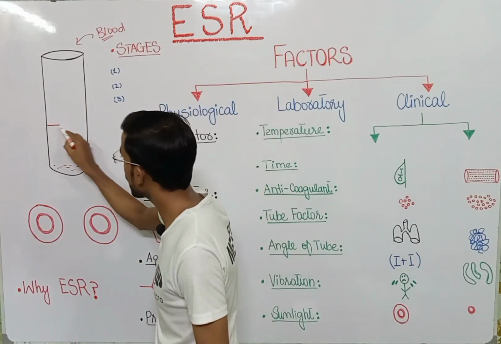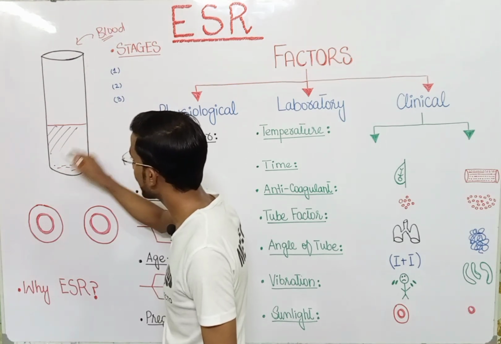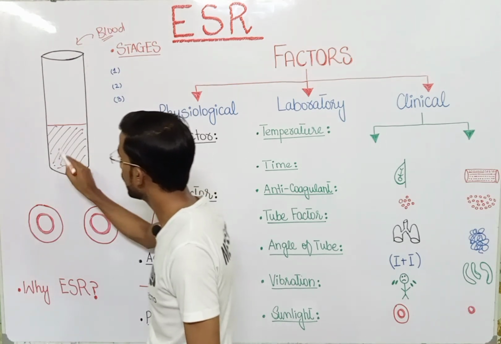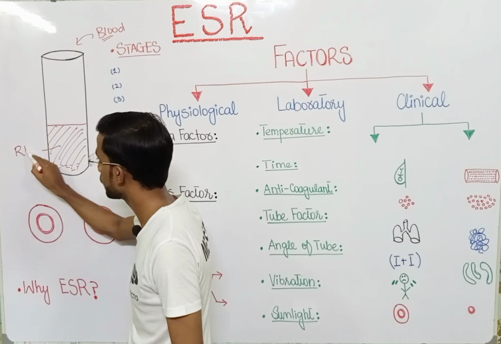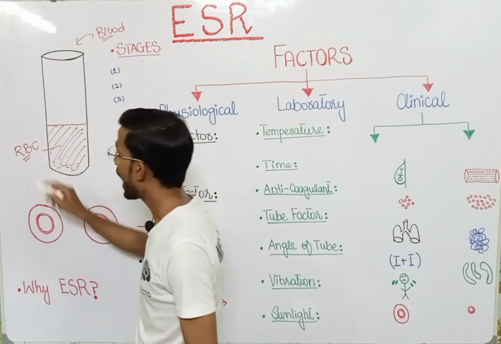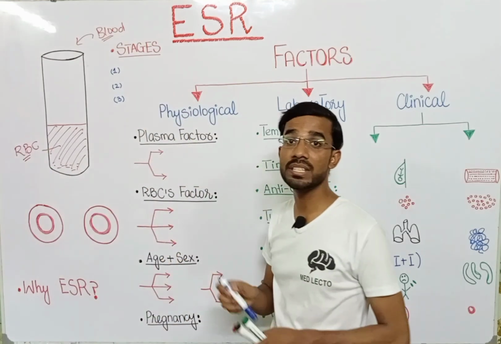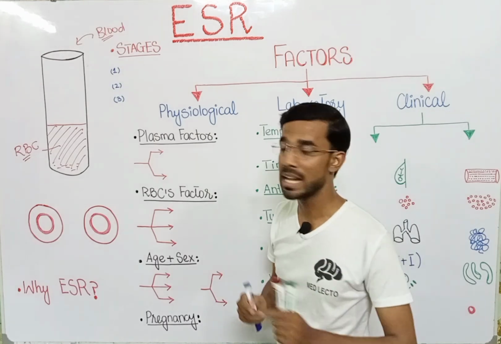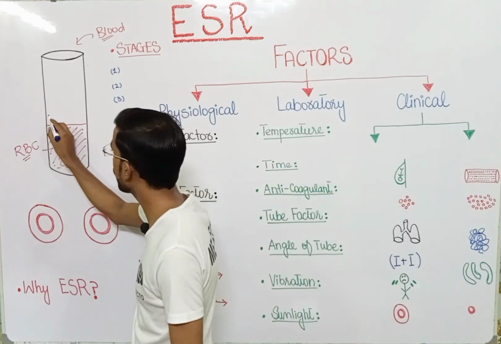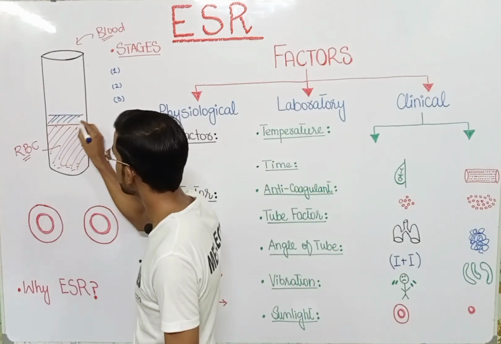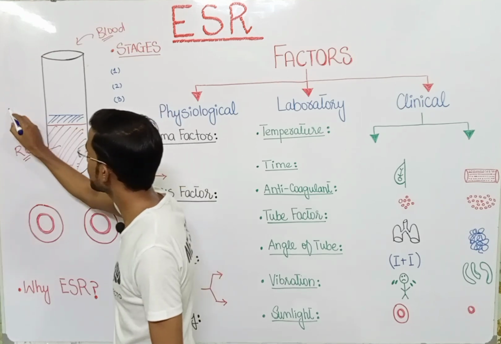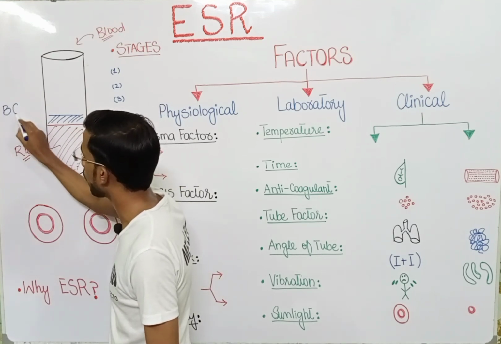At the bottom will be the layer of RBCs. After that you will see the formation of the middle layer, and the middle layer will be the buffy coat. So here is this middle layer, and this is actually the buffy coat.